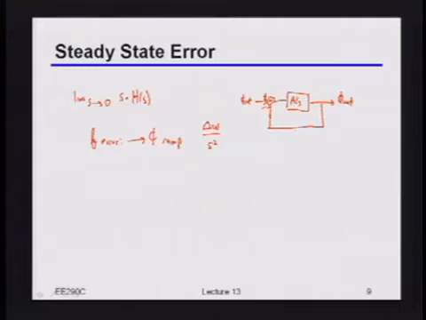So my phi out over phi ref is just going to be a over s divided by 1 plus a over s, which simplifies into a more standard form: 1 over s over a plus 1.